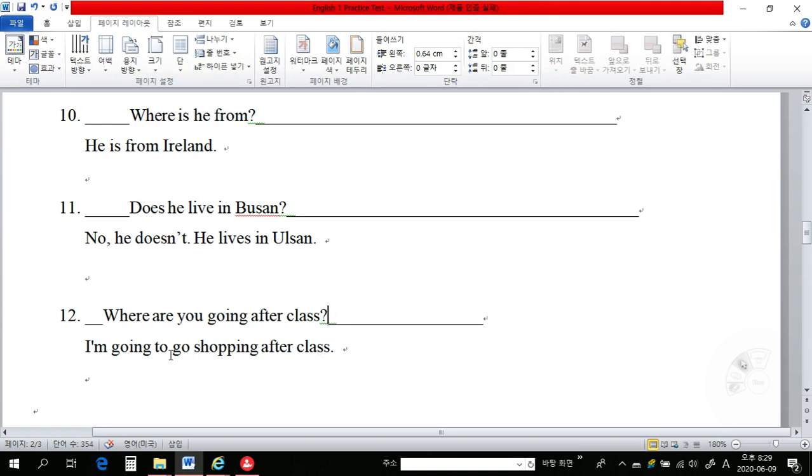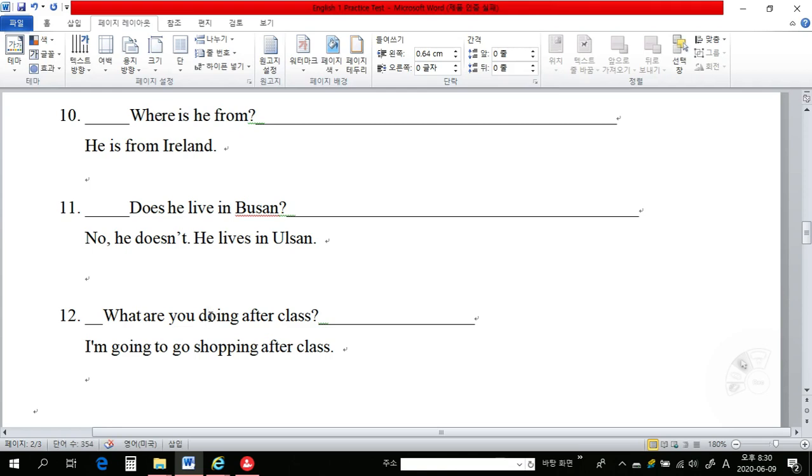There's no real where though. It doesn't say they're going downtown. It doesn't say they're going to Samyeon or to the shopping center or the grocery store. This is more of a what answer. So, what are you doing after class?